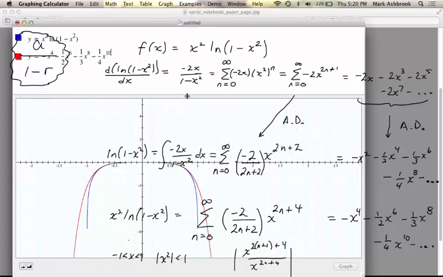Okay, but only from -1 to 1, our radius or interval of convergence. Okay, questions on this? Okay, so we're going to move on to Taylor and Maclaurin polynomials. So what we're doing here is we're only able to represent functions that are like geometric series or similar, right?